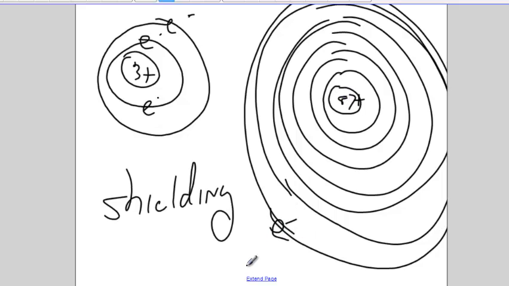So it's fairly easy to get this guy to go away. The bigger the atom and the more shielding there is, the easier it is to pull one away. So as I go down a group, first ionization energy decreases. As I go across a period, first ionization energy increases. These trends are exactly opposite of the radius trends.